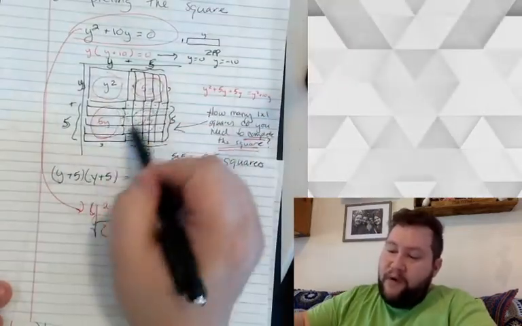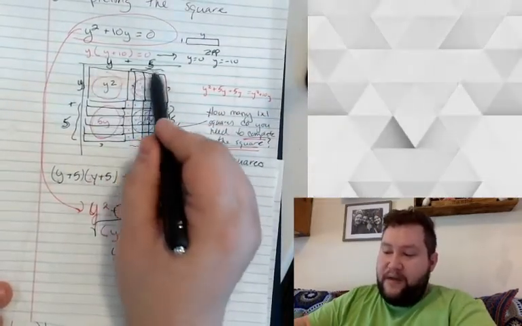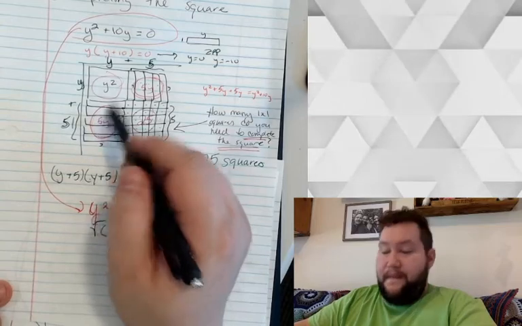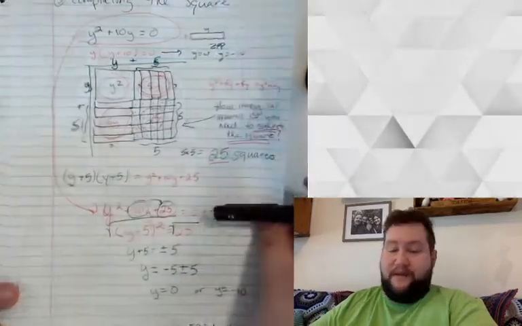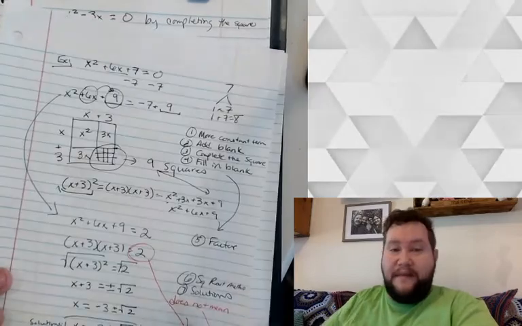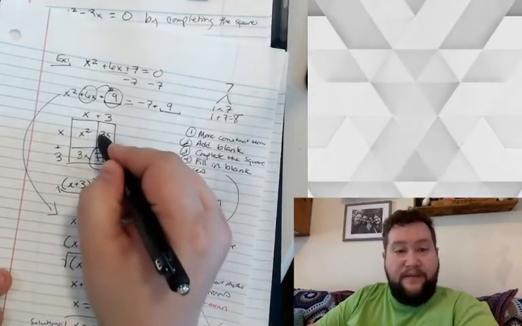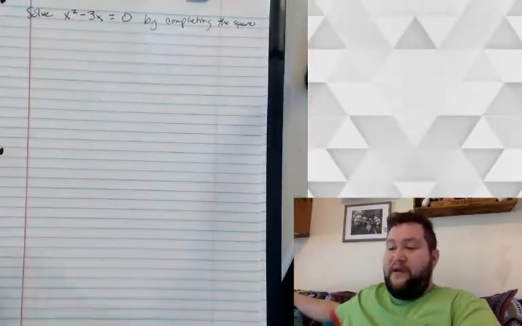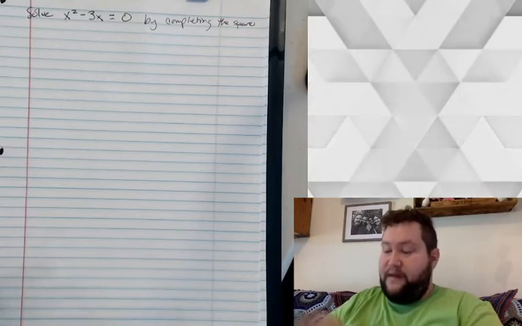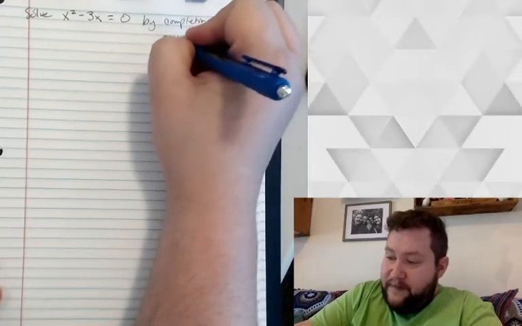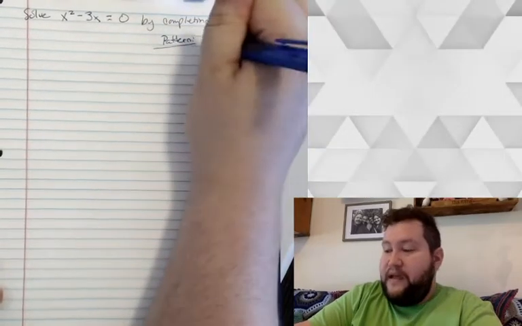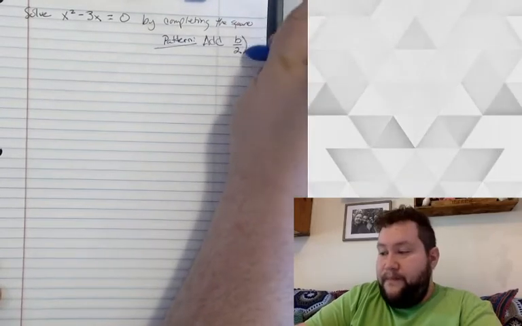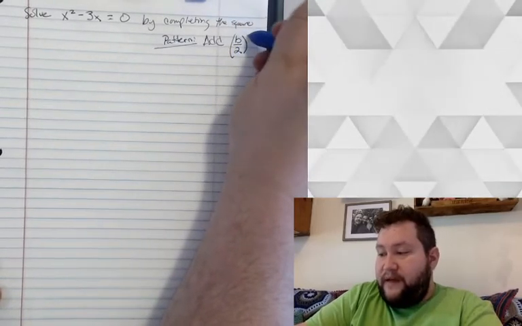Well, when we drew our square, instead of that 10, we ended up putting a 5 here and a 5 here. So we split that middle term into 2 pieces, and it turned out when you squared those, we got 25. And the same happened here. We put half of our 6 here, half of our 6 here, and when you squared that, you get 9. So our pattern is, this is important to remember, our pattern is you add b divided by 2 squared to both sides.